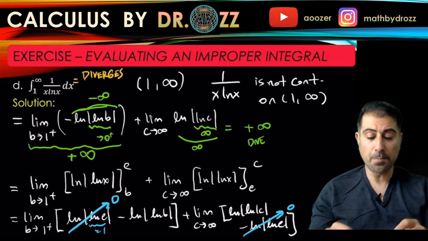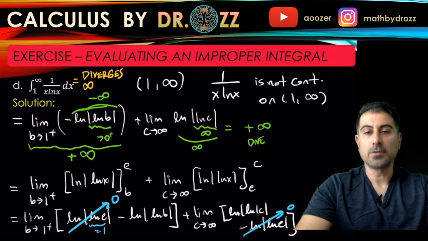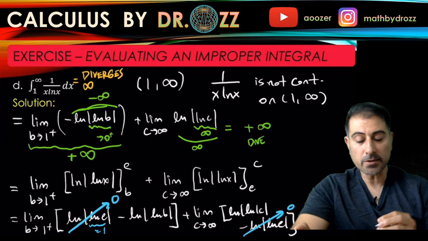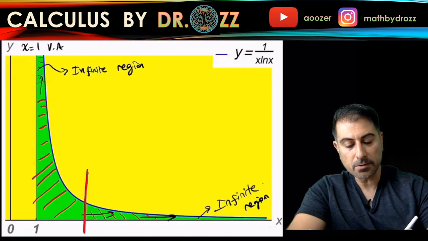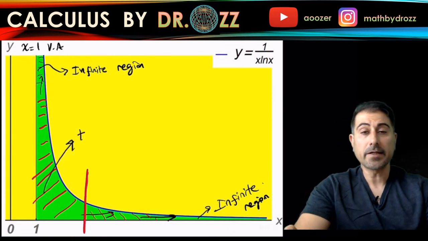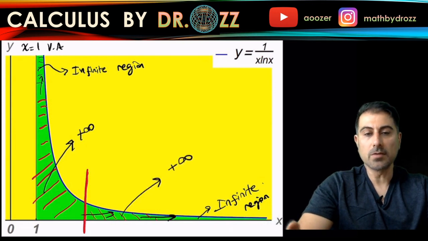And as you see, both integrals diverge to infinity. That's interesting because we had two infinite regions here, and this area turns out to be plus infinity, as well as this area, and the sum of these areas would also be infinity.